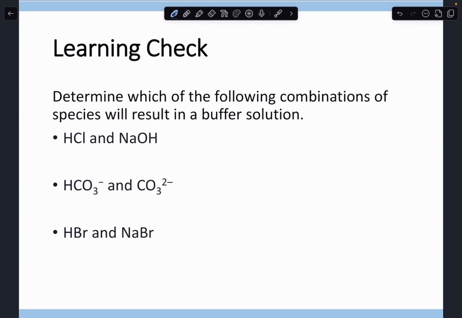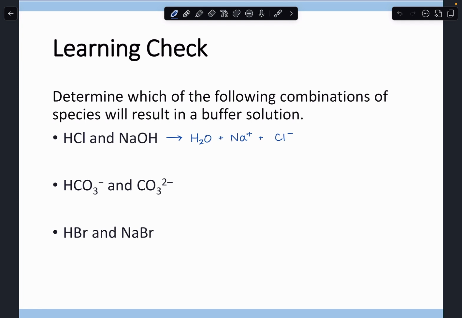But thinking about what happens when HCl and NaOH, hydrogen chloride and sodium hydroxide, are added to solution. Well, the hydrogen and hydroxide would combine to form H2O, and sodium would remain a cation, a spectator ion, and chloride would remain a spectator ion as well.